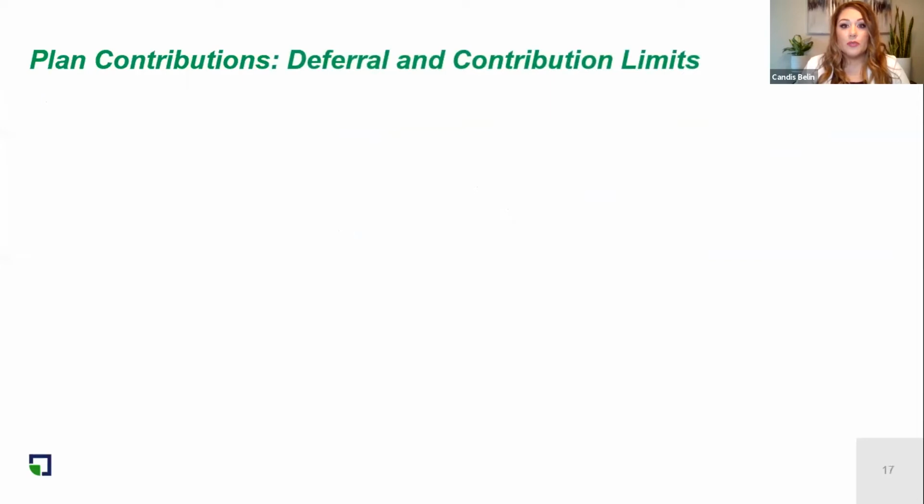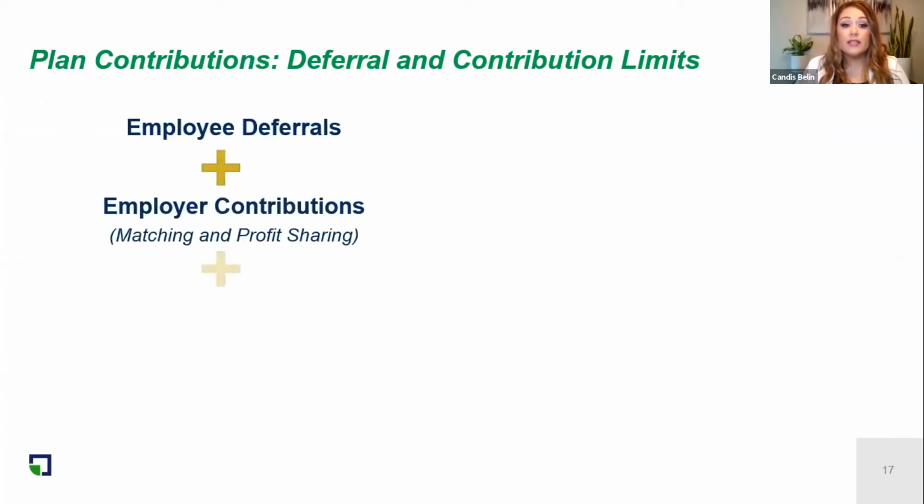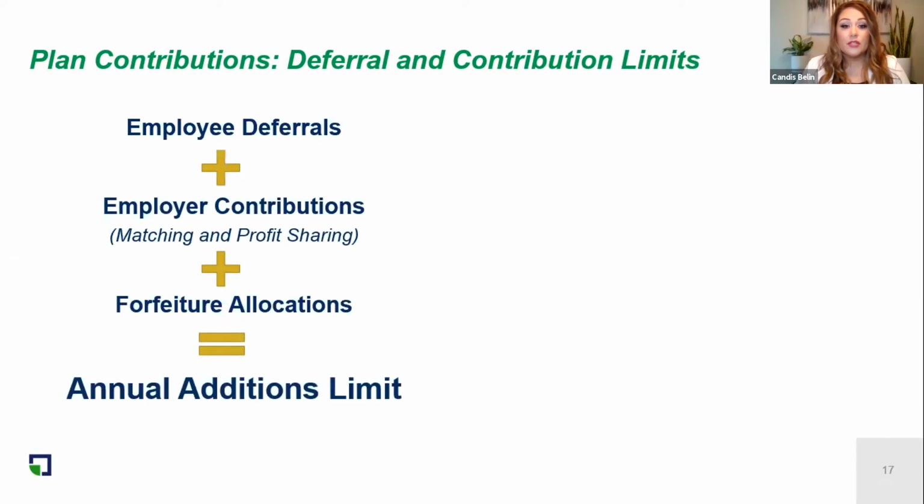So, deferral and contribution limits. When we are running these allocations, we have to make sure that all of your contributions do not exceed certain limits for the year. So we have the employee deferrals plus the employer contributions, which is matching and profit sharing or safe harbors, plus forfeiture allocations. That equals your annual additions limit.